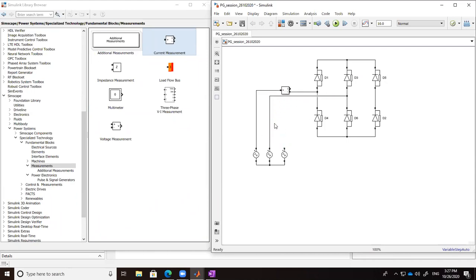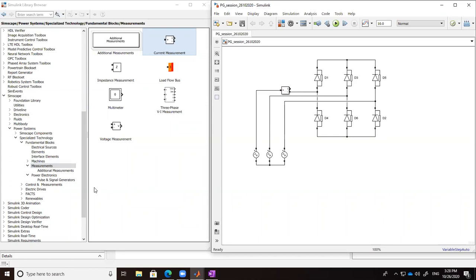Then connect B phase to second terminal and C phase to third terminal. Okay. So this is how we connect it. After that, we need to connect the output of the rectifier to a resistive load first.